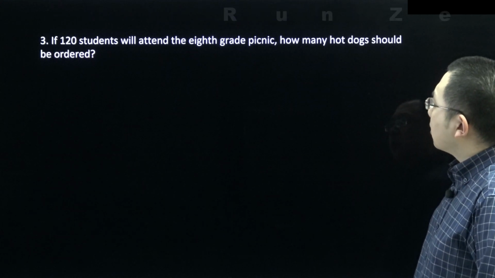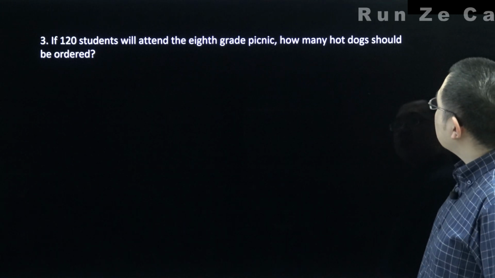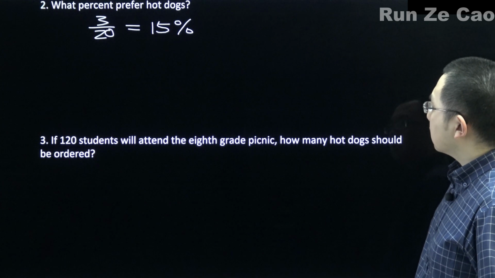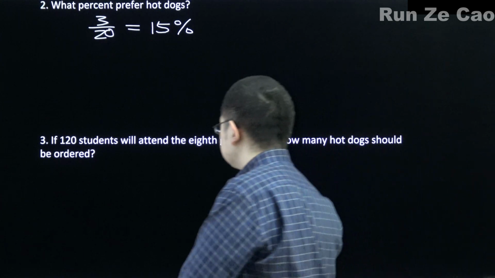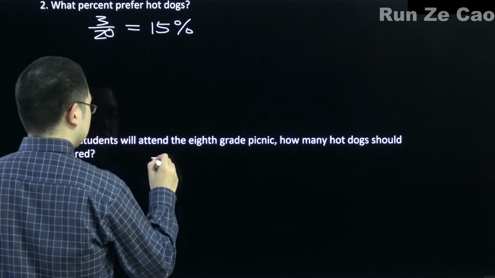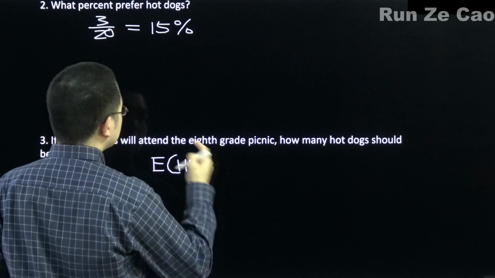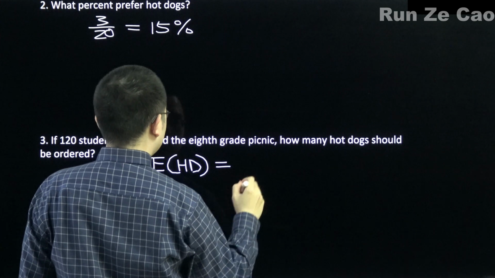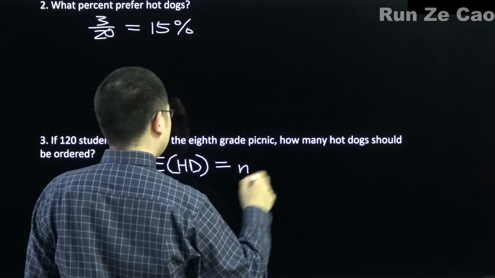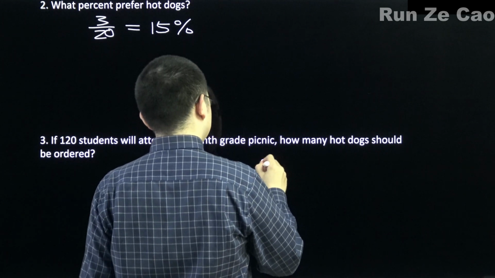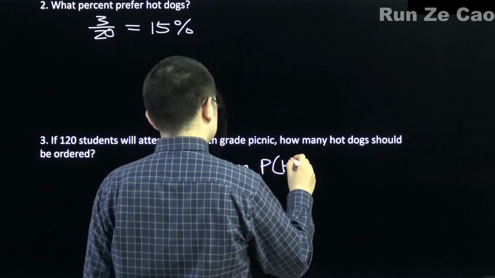Oh well. So 120 students will attend the 8th grade picnic. How many hot dogs should be ordered? Well, that's expectations for hot dogs. Expectations for hot dogs is equal to the number of overall things that you expect multiplied by the probability of hot dogs.